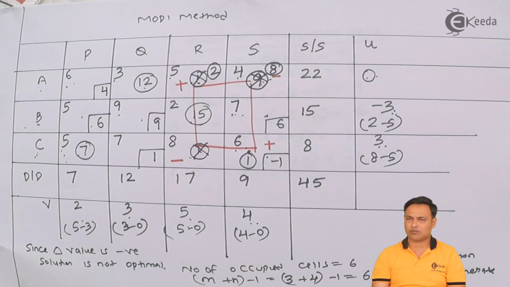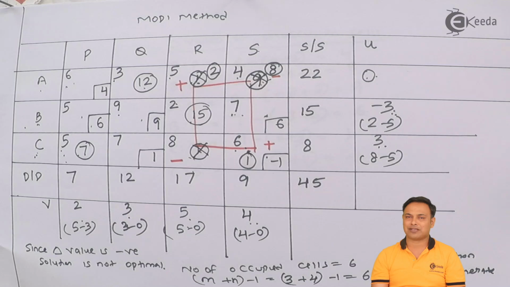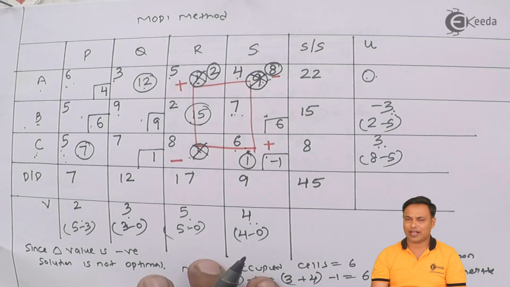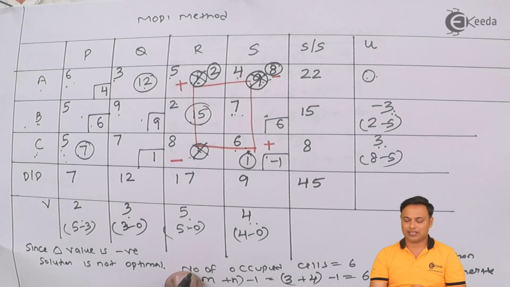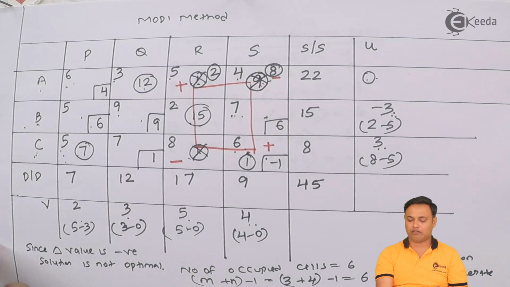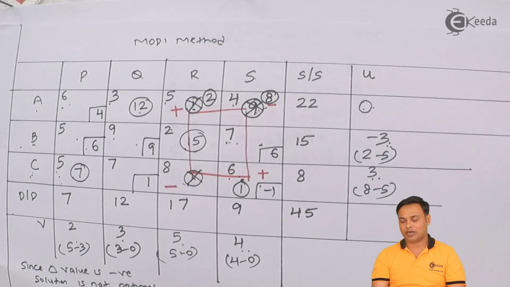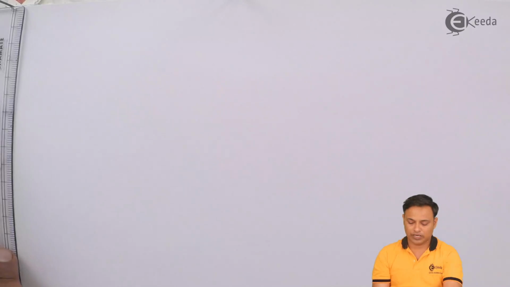So we have obtained a solution. But again there is a question whether this is optimal or not. Because the problem has asked us to get the minimum transportation cost, that is the optimum cost. So let's again draw the diagram and check whether this improved solution is optimal or not. Let's draw the new diagram. So here is my new table.